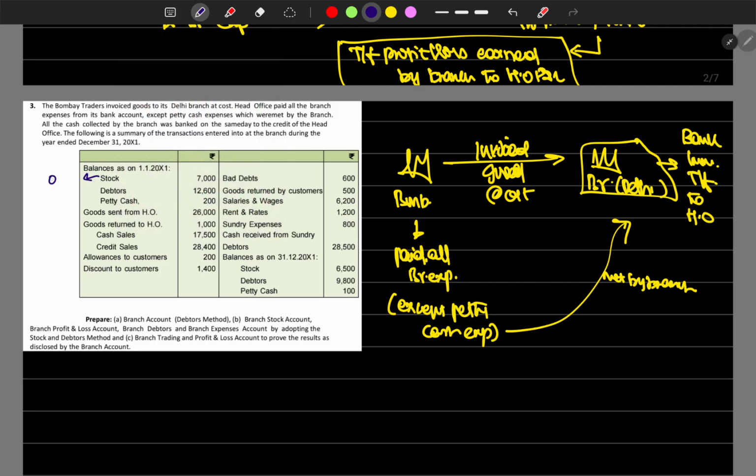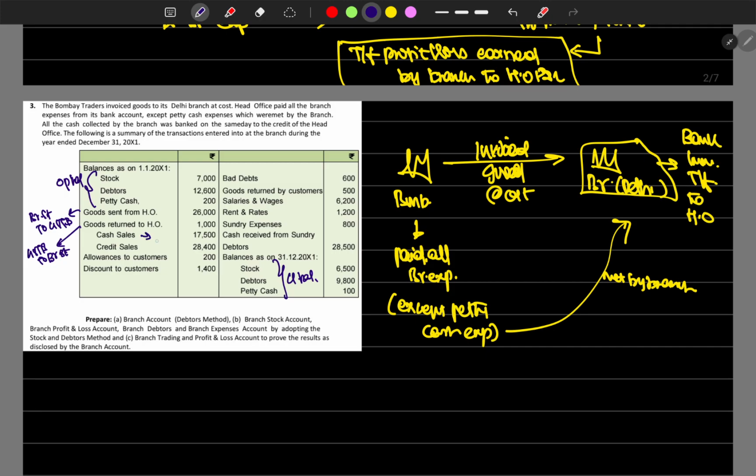Okay, this is the opening balance of stock. All these are opening balances, right? All these are closing balances. Then goods sent from head office, which is branch stock to goods sent to branch. If it is goods returned, then goods sent to branch to branch stock should reduce.